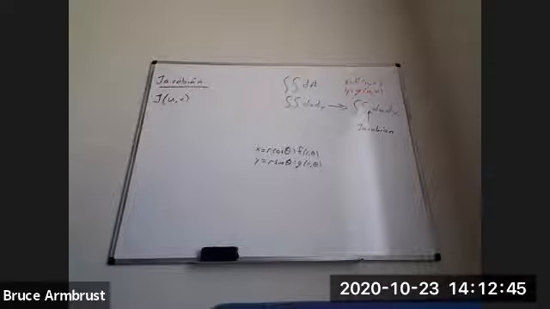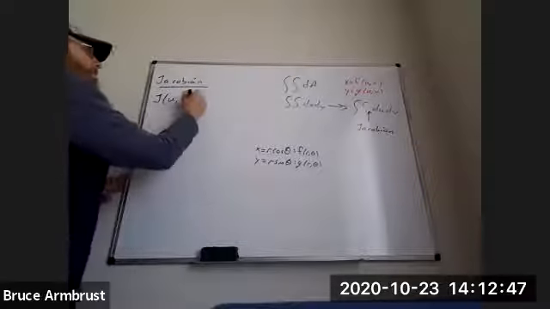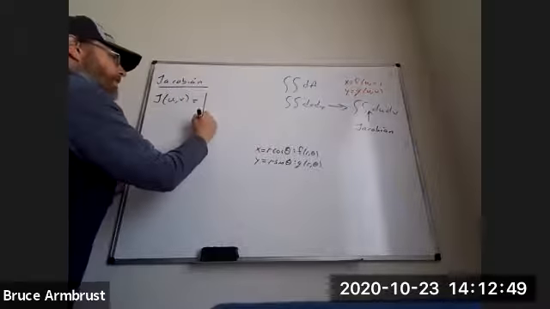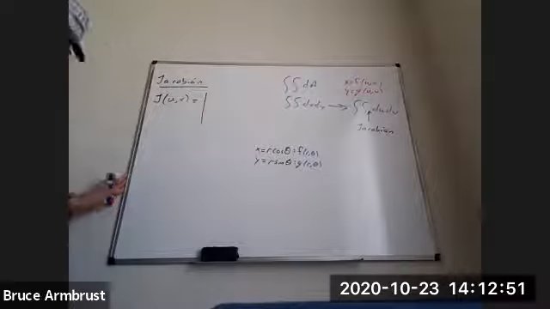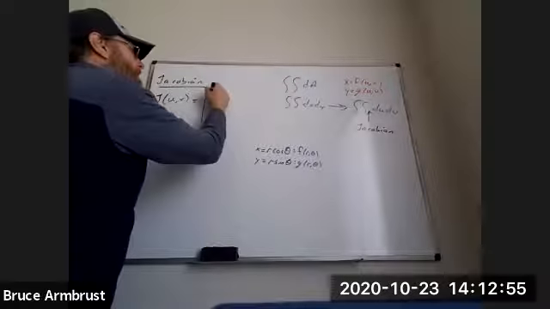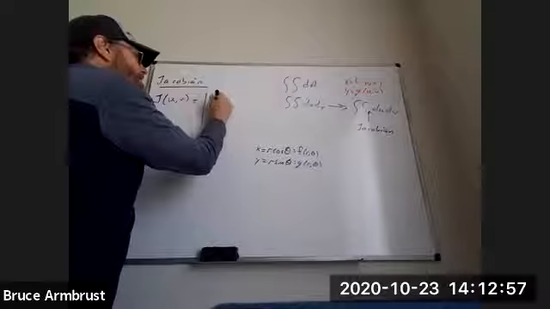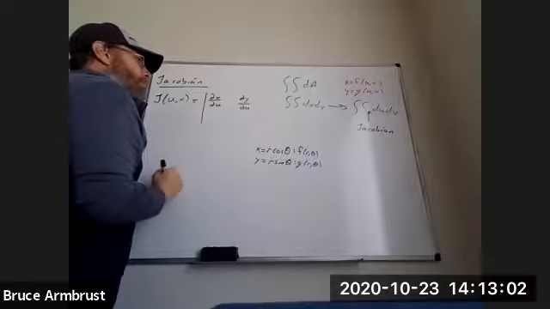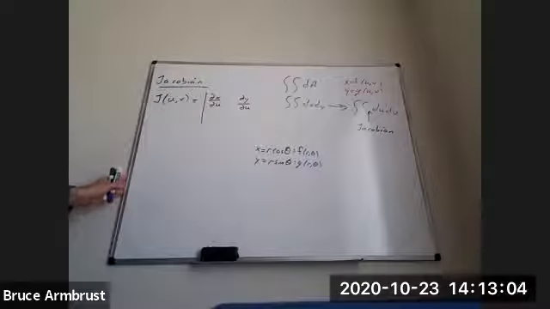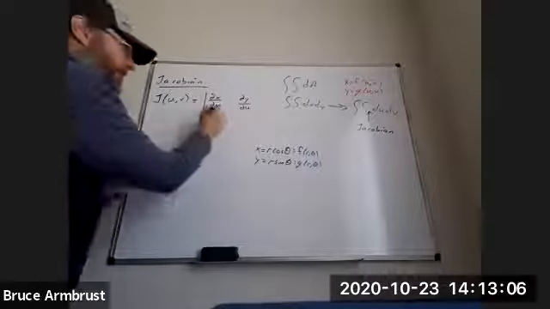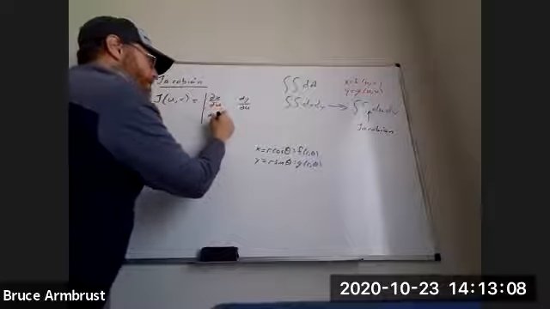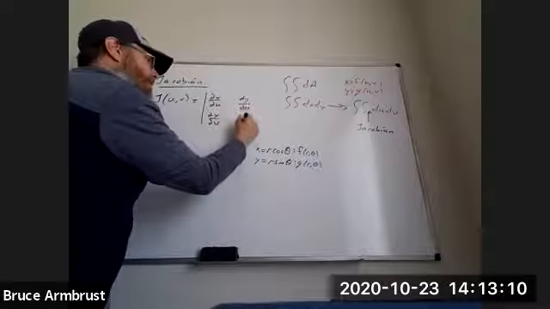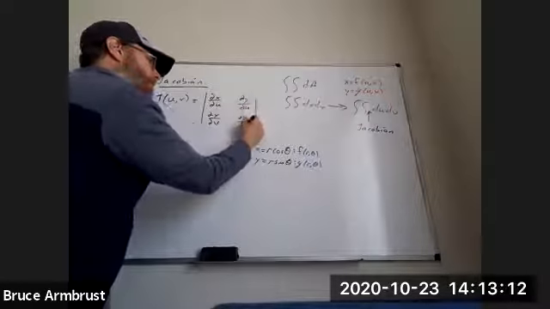And the way that it's found is by finding the determinant of the following matrix. All right, so it's dx du, dy du on top, and then dx dv, dy dv on the bottom.